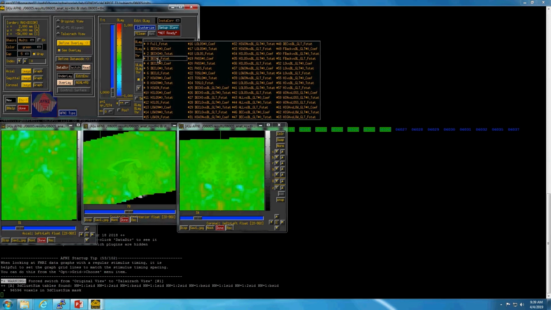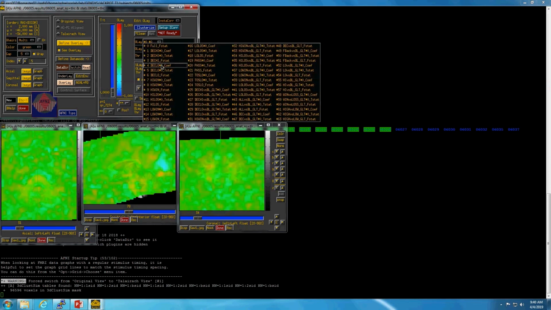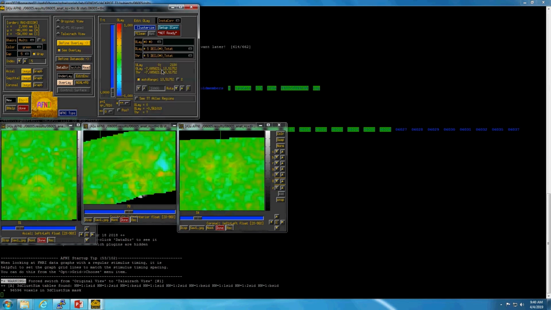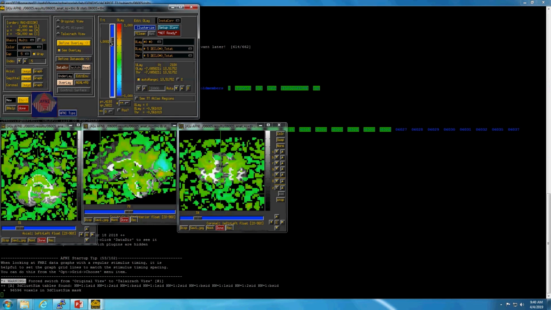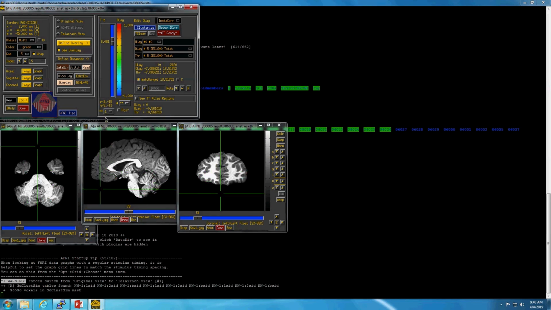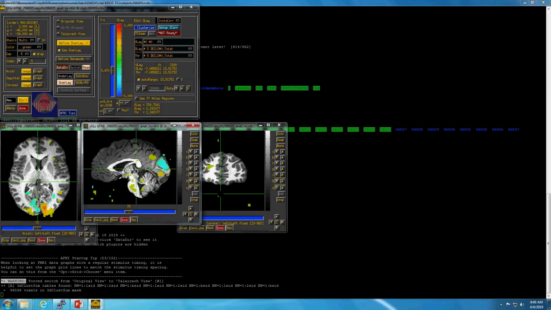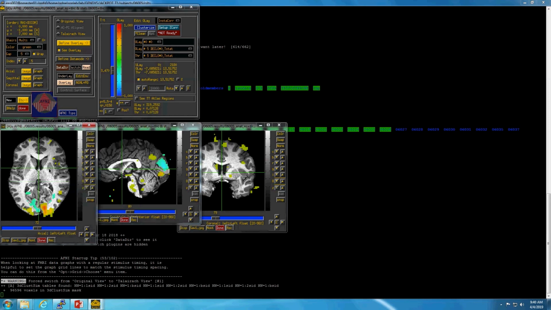Each one of these is a different condition that we modeled at the individual subject level. So this is what you get. You can see here's the probability map. Probability is set to basically 0, so everything's active, everything is probable. Let's see. I hope this is a good one. Oh, that's not bad.